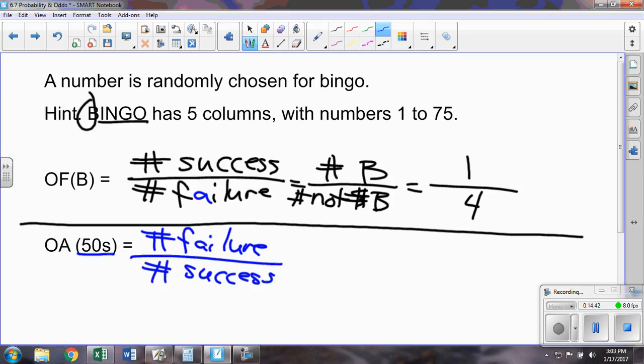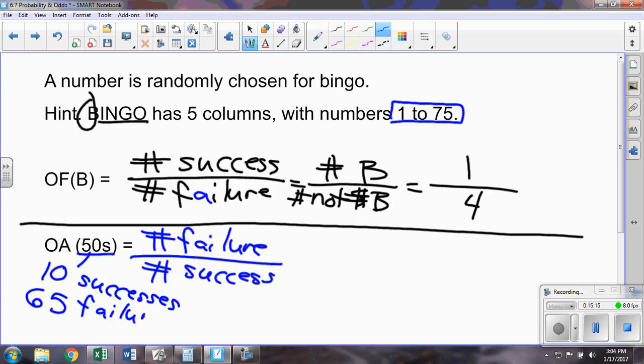We have 10 numbers in the 50s, so this is indicating to us that we have 10 successes. Well, if there are 10 ways to get something in the 50s, how many ways are there to fail? Keep in mind that bingo has 75 numbers. You get rid of 10 of them that are successes, and that's going to leave you with 65 failures.